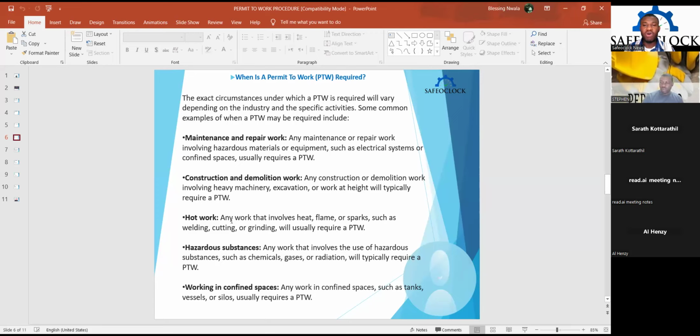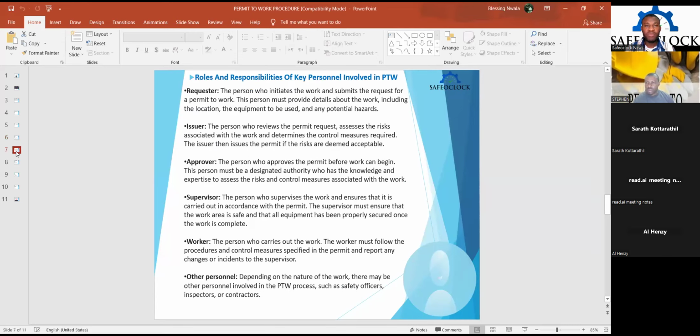And you should also be able to identify that the person obtaining the permit is competent, because the permit receiver is not just everybody, but somebody competent who has gone through the permit procedure training.